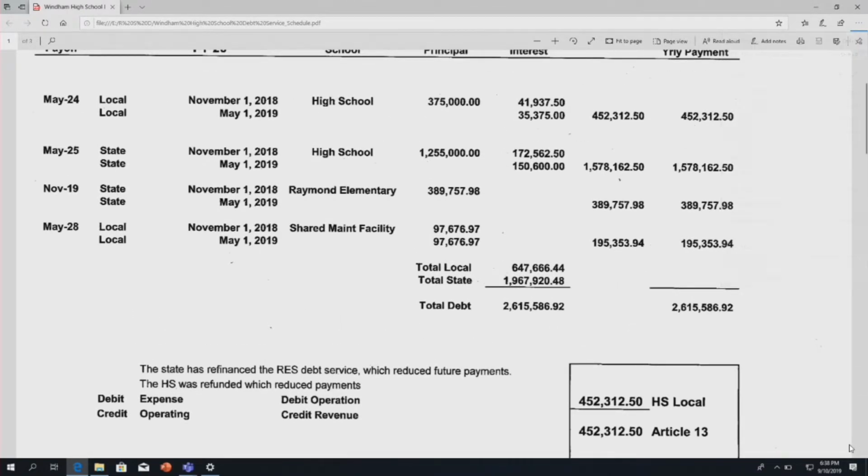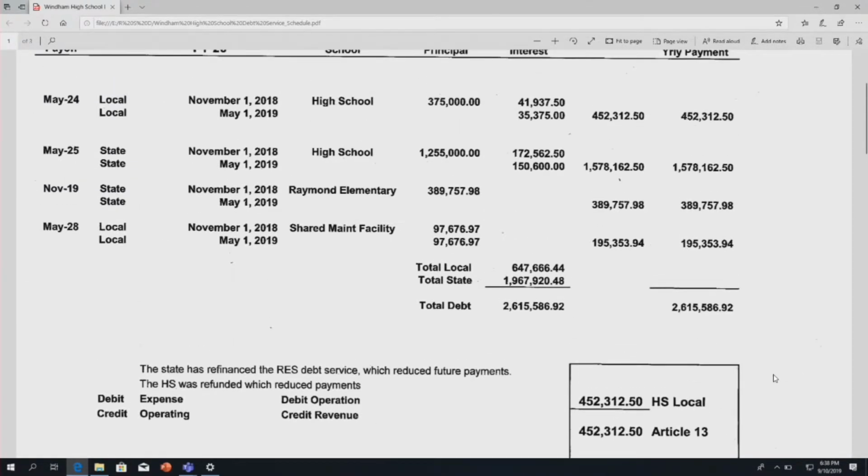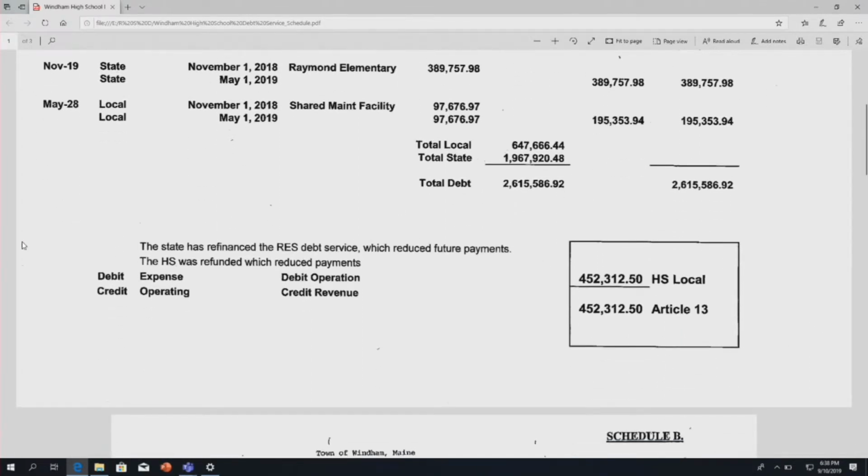I thought Raymond Elementary was paid off next year. It says down here that the Raymond RES school was refinanced. I'm not sure what that means. Refinanced for a lower rate. The state has refinanced the RES debt service, which reduced future payments.